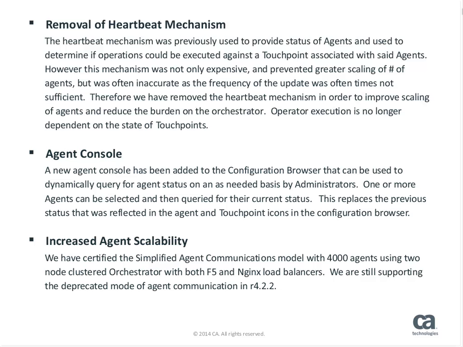And as we scaled out the number of agents associated with the domain, processing of those heartbeats became quite expensive and limited the ability at which we were able to scale. So what we decided to do was to remove the heartbeat mechanism altogether.